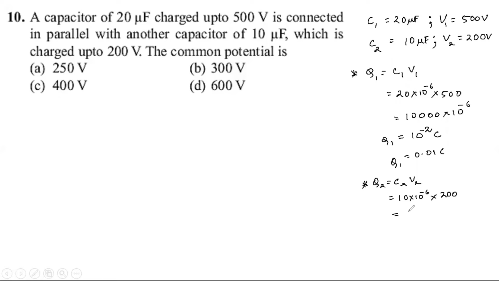We have 10 to the minus 5 multiplied by 200, so it is 2 into 10 to the power minus 3, which is 0.002 coulomb. This is the amount of charge stored in the Q2 capacitor.